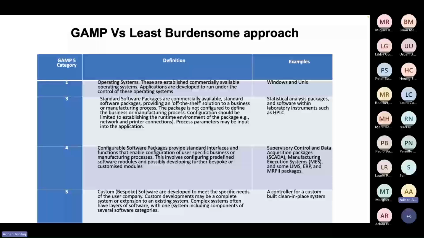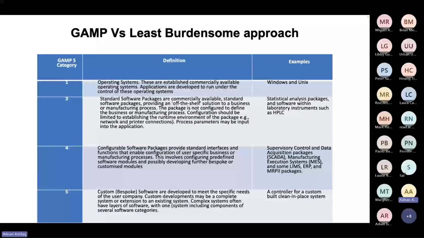There used to be 5, and don't ask me why they didn't renumber them 1, 2, 3, and 4. They just removed number 2, which was firmware. So if you had any firmware which was running the equipment, that would typically be reviewed as part of the GAMP impact assessment. But in GAMP 5, which was the latest revision, they removed firmware, which was category 2. So you've only got 1, 3, 4, and 5.